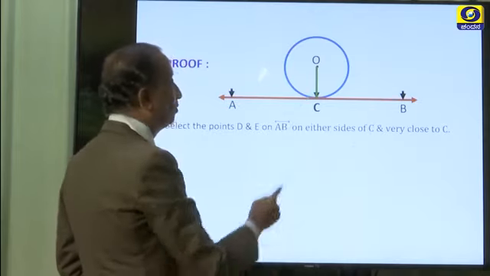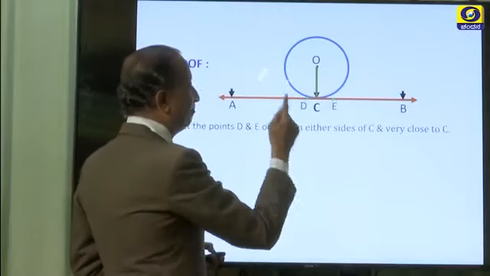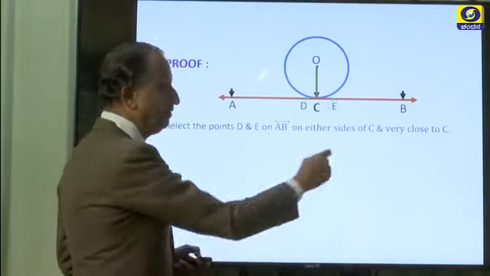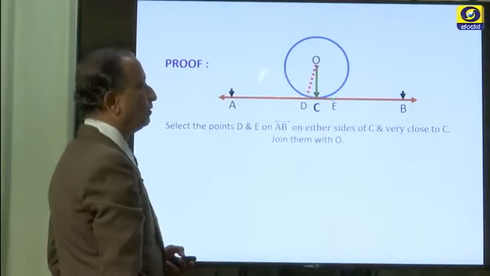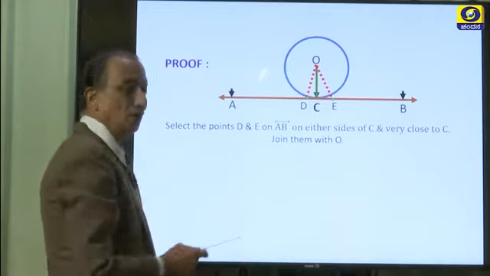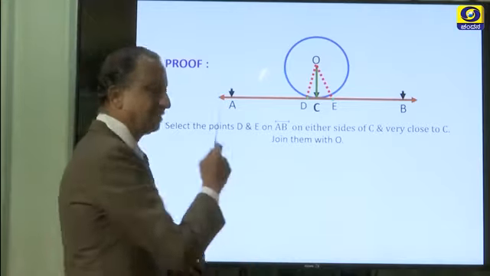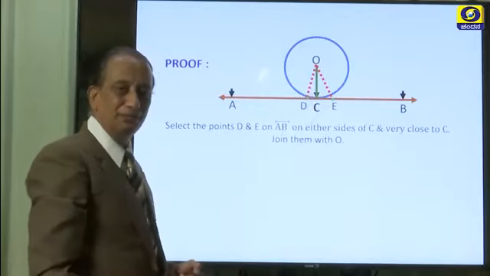Let us suppose that these two are the points, call this point D and this point E. Having chosen this, join D and E with O. Now how are you going to use this construction and show that OC is perpendicular to AB?